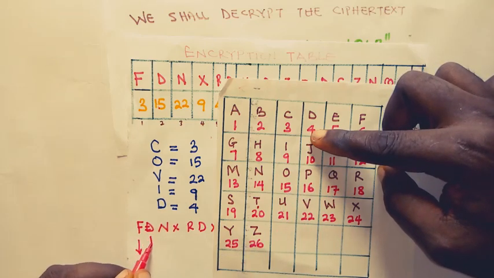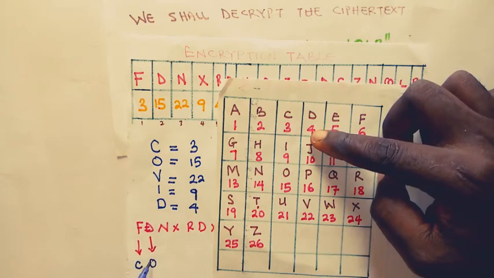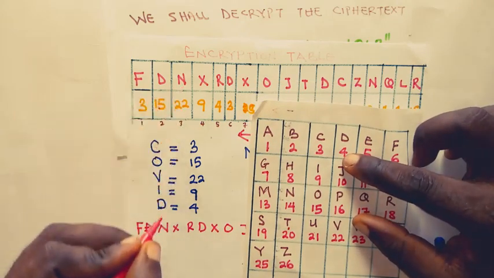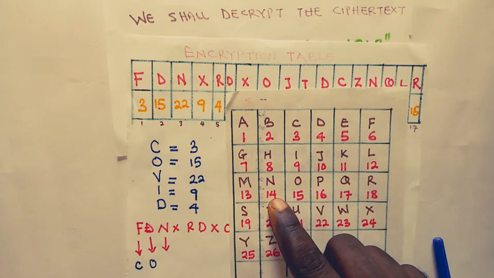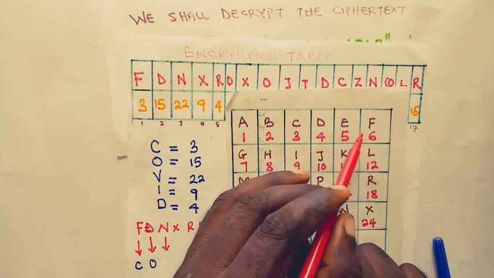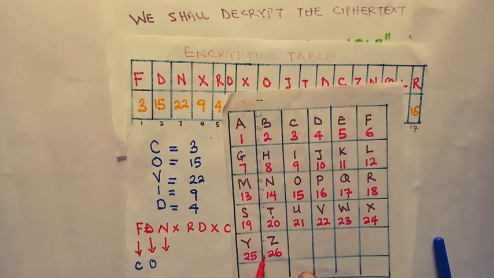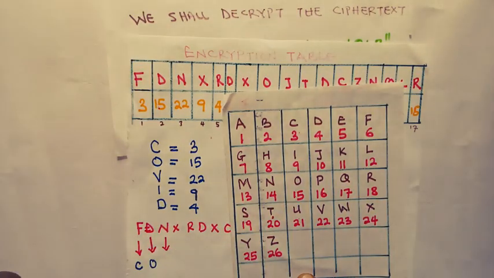So letter D becomes O. Then I go for N, and I have to shift N backwards 22 times. 1, 2, 3, up to 22. And letter N becomes R.